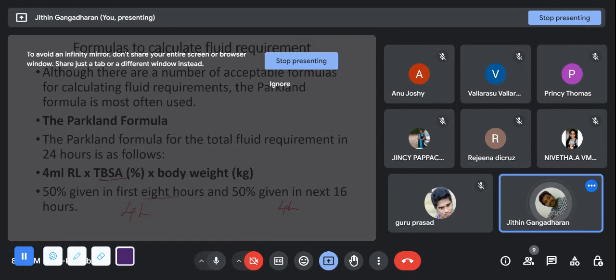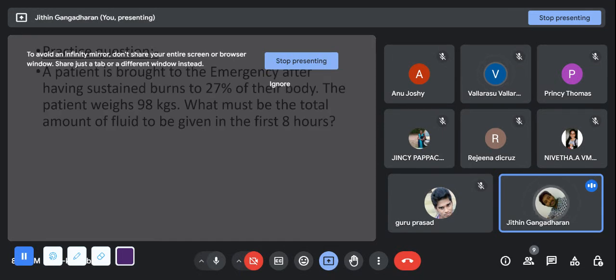We get the TBSA by using the rule of nine. Clear, guys? Any doubt in Parkland formula? No doubt. Okay.